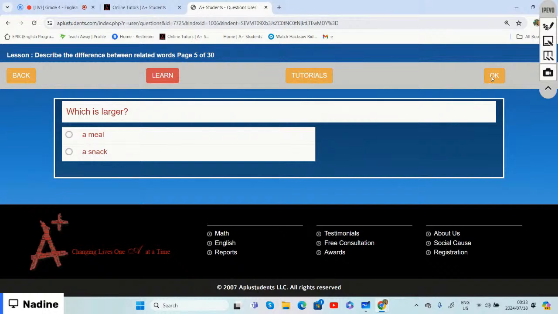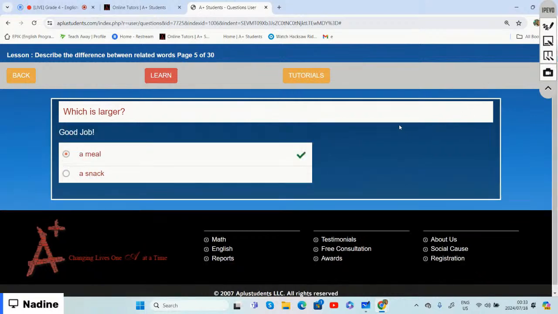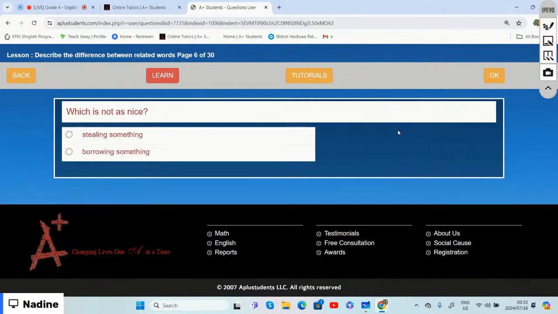All right, if we were to say which one is larger, we would say it is a meal, right? Because a meal is more filling. Whereas a snack is like you're eating here and there. It's more like your fruits and lighter things. But a meal has your starches, your proteins, and all those balanced meal things. Yeah, so a meal is bigger.